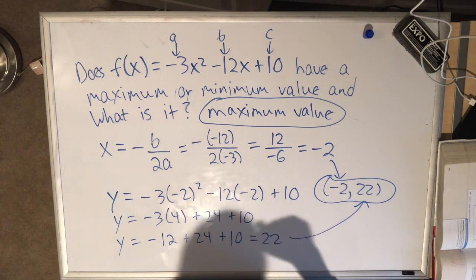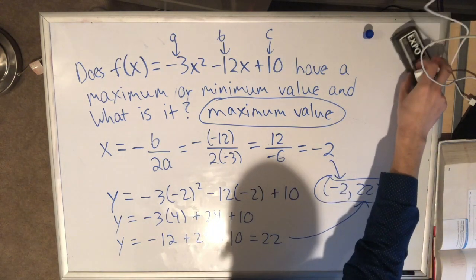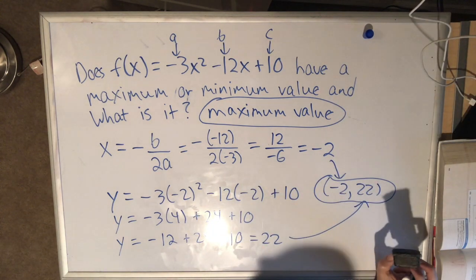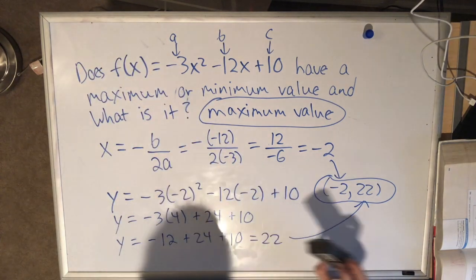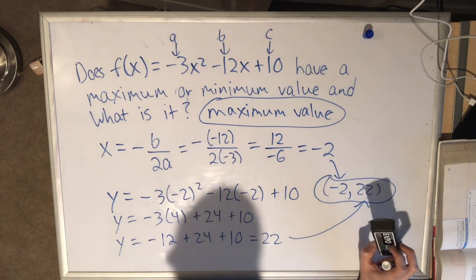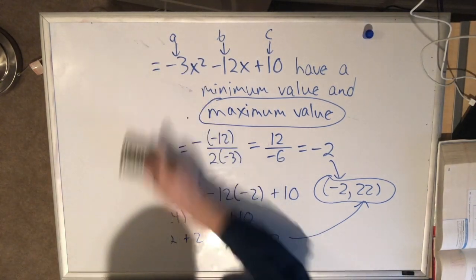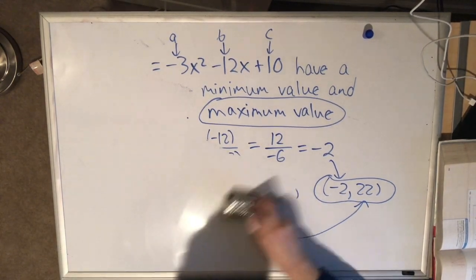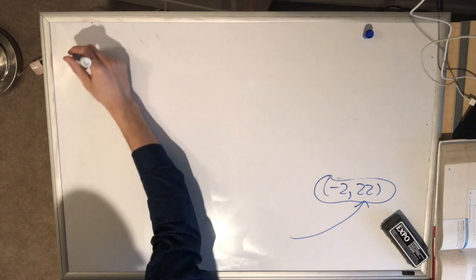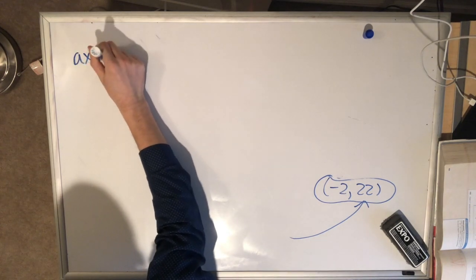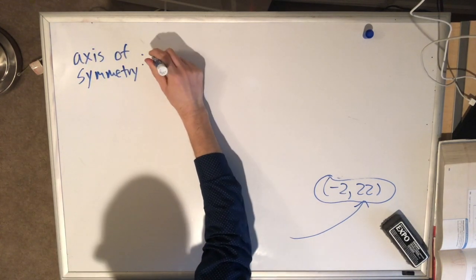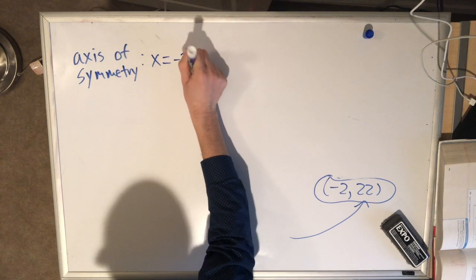And for you visual learners, let's do a sketch of the graph. In fact, let's do more than a sketch. Let's graph this, just so we can get more practice with that. Let's make room for a table. We have our axis of symmetry, x equals negative 2.